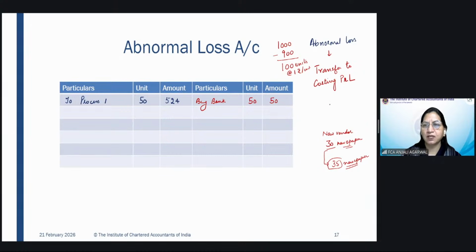So, truly speaking, your loss is not 524. Out of 524, 50 is recovered, and the balance is your true loss. So, by costing P&L account, only the 524 minus 50. This should move.